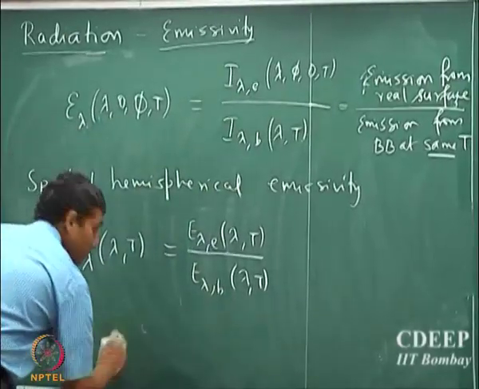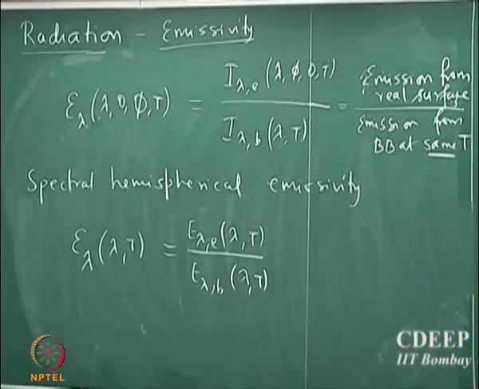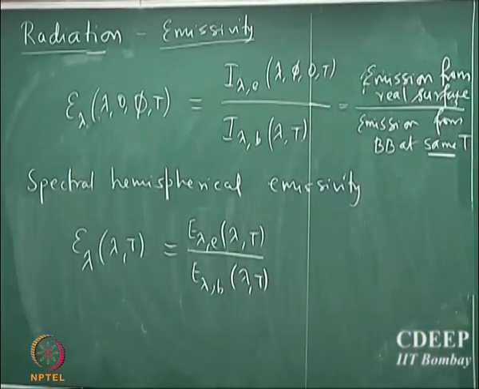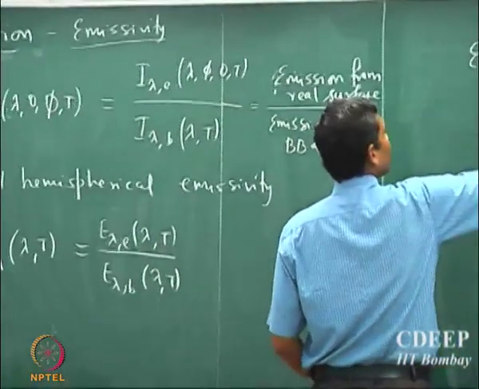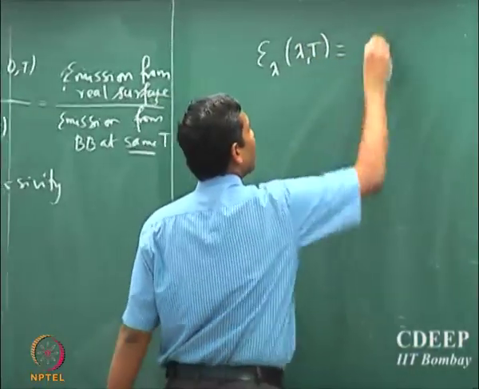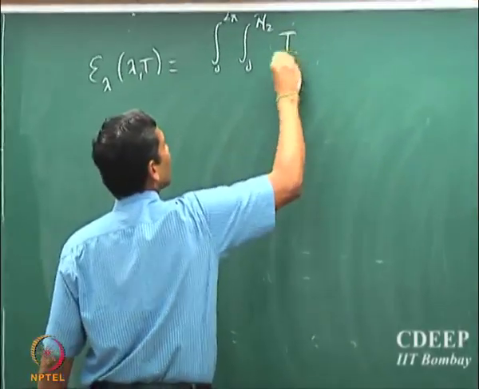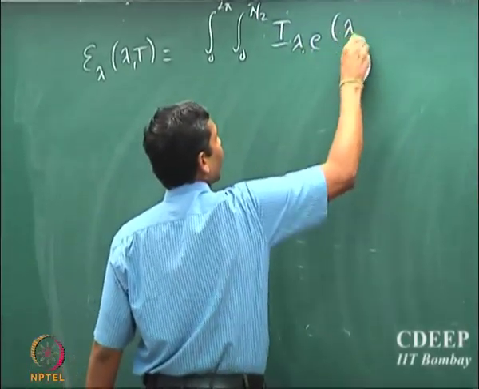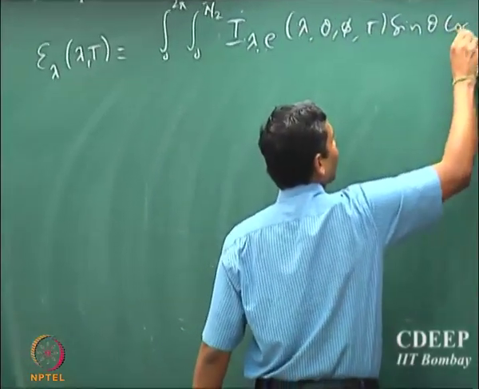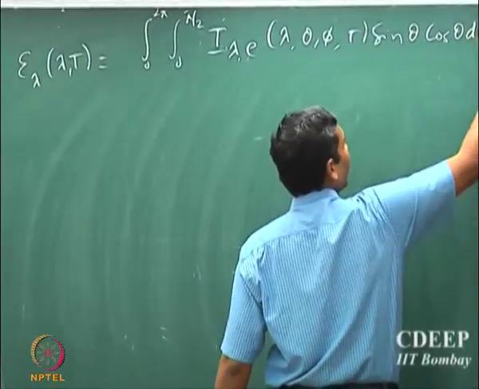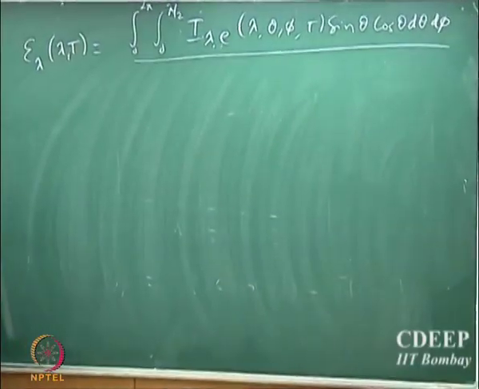So I can rewrite this as epsilon lambda will be integral 0 to 2 pi, integral 0 to pi by 2, I lambda e, lambda comma theta comma phi comma T, all this times sin theta, cos theta, d theta d phi divided by, what is E lambda b?